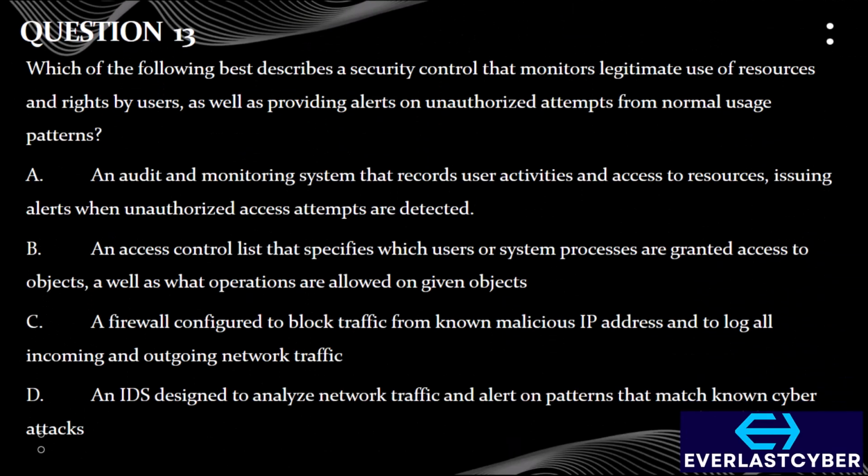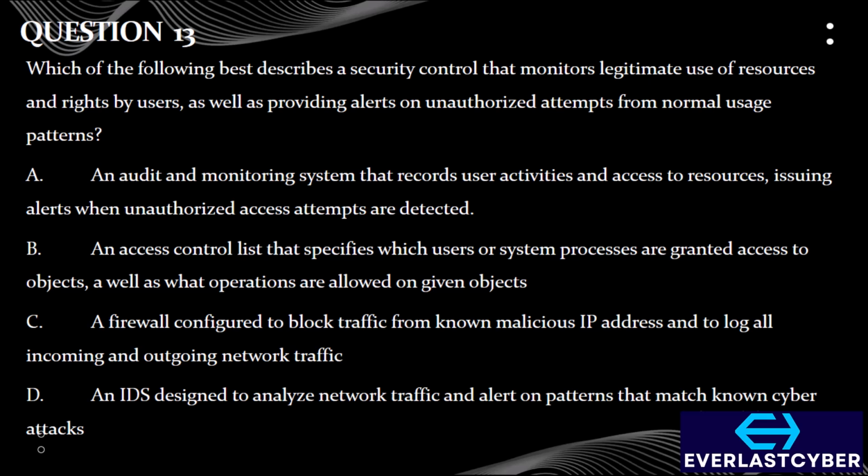Question 13. Which of the following best describes a security control that monitors legitimate use of resources and rights by users, as well as providing alerts on unauthorized attempts from normal usage patterns? A. An audit and monitoring system that records user activities and access to resources, issuing alerts when unauthorized access attempts are detected.